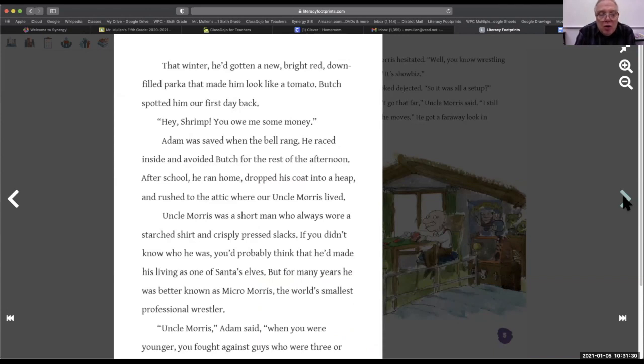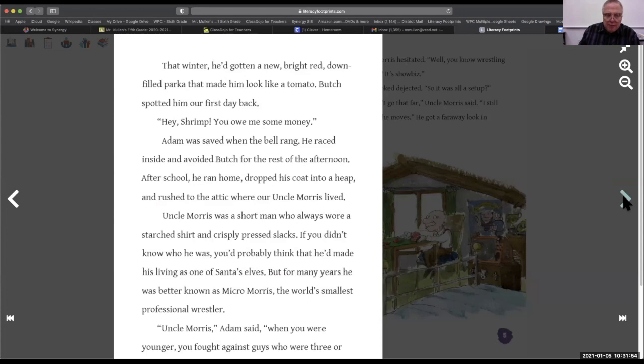After school, he ran home, dropped his coat into a heap, and rushed into the attic where Uncle Morris lived. Uncle Morris was a short man who always wore a starched shirt and crisply pressed slacks. If you didn't know who he was, you'd probably think that he'd made his living as one of Santa's elves. But for many years, he was better known as Micro Morris, the world's smallest professional wrestler.